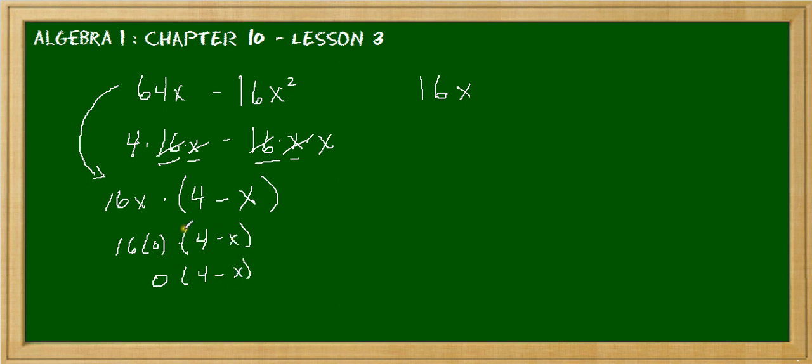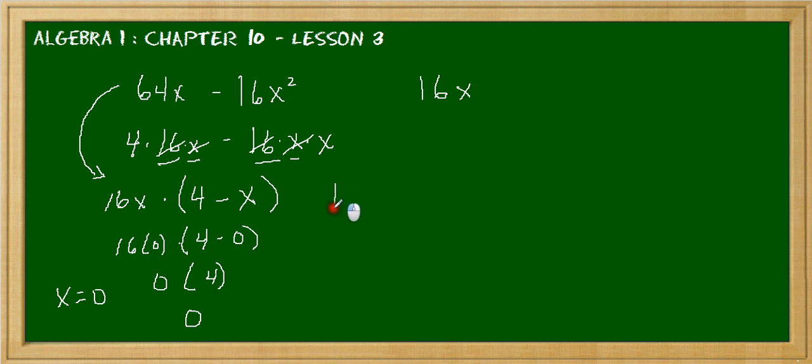I should have written a 0 in there for the x, because we are substituting the value 0. So we have 16 times 0 is 0, and 4 minus 0 is 4, but 0 times 4 is equal to 0. So we know that if x is equal to 0, then this will be 0.